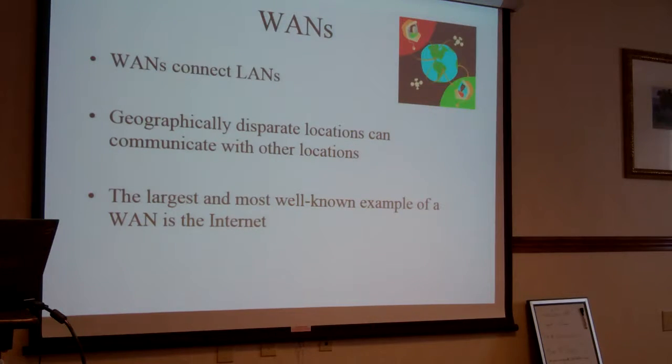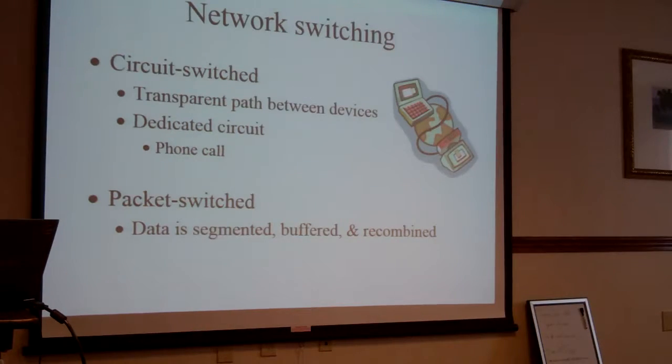So WANs, not going to spend very much time on that, but the internet is a WAN. You can have two different types of switching, the circuit switched or the packet switched.